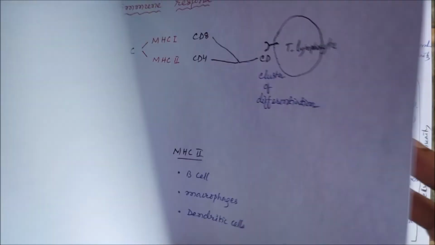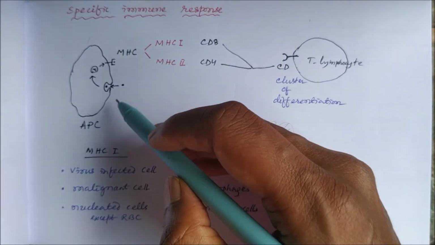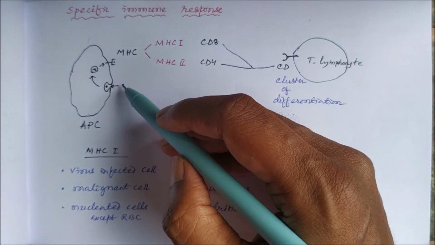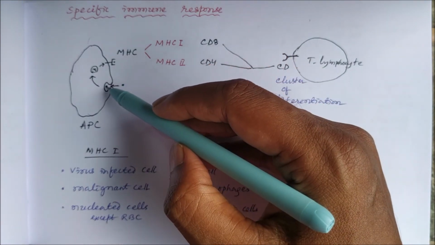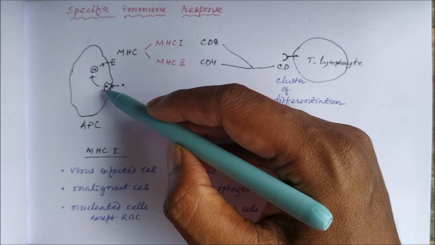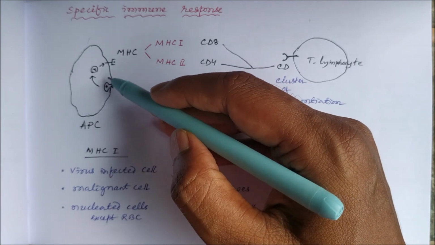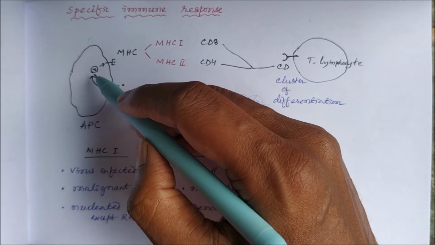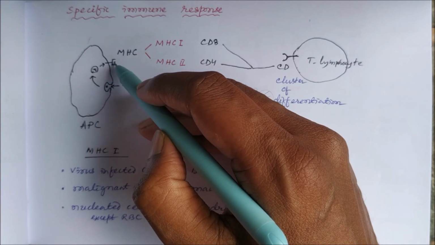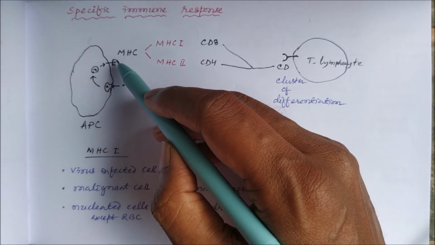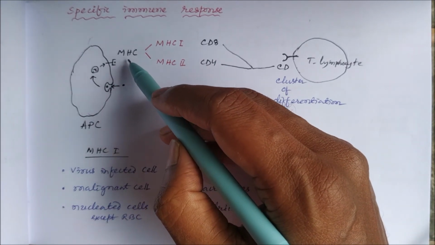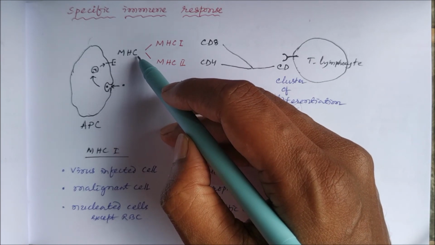Antigen presenting cell means when the antigen comes, the antigen enters into the cell, and then it is processed and presented on its surface in the form of major histocompatibility complex.